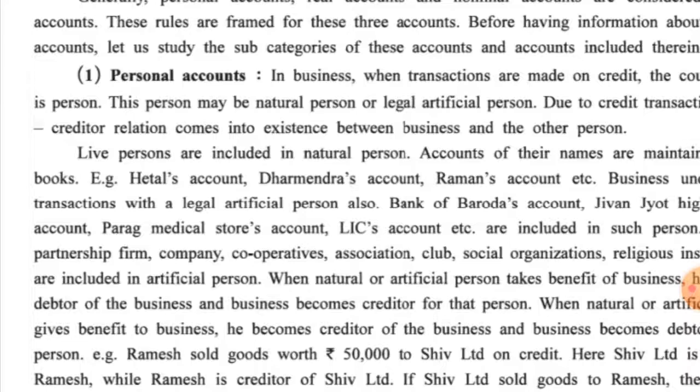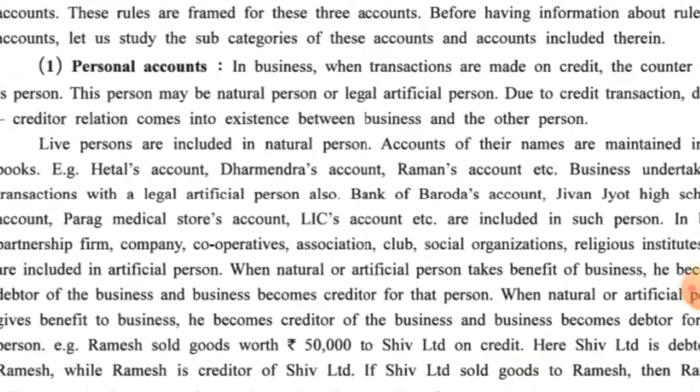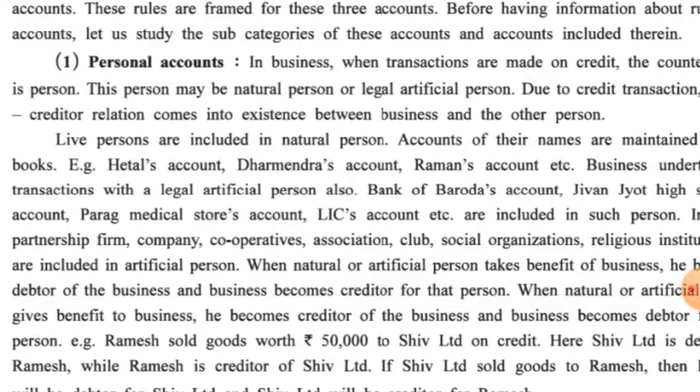If we have sold or purchased goods on credit, then the counterparty or opposite party would be a person or it may be a firm. This person may be a natural person or a legal artificial person. Due to a credit transaction, a debtor creditor relation comes into existence between the business and the other person.